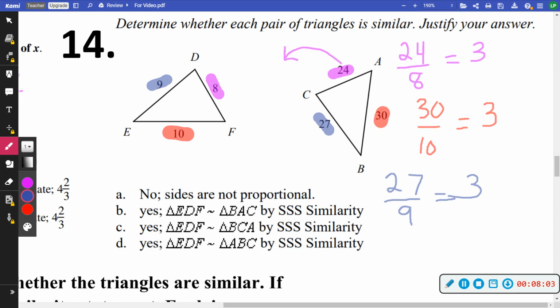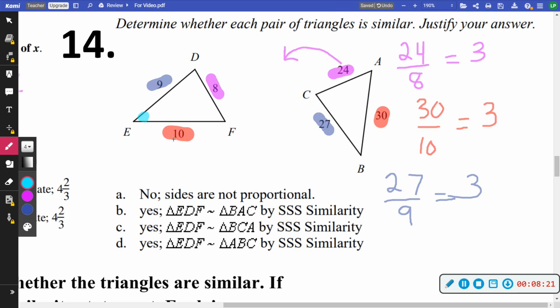Now we have to look at the similarity statement and ask, does E go with B, or does E go with A? So let's see, E would be right here, and E is between blue and red.